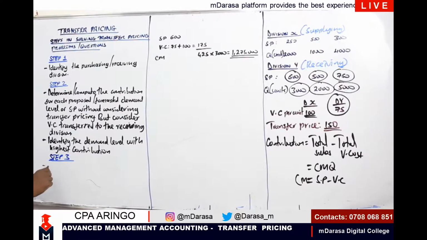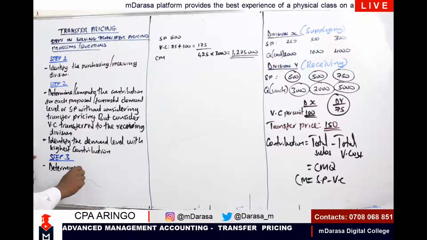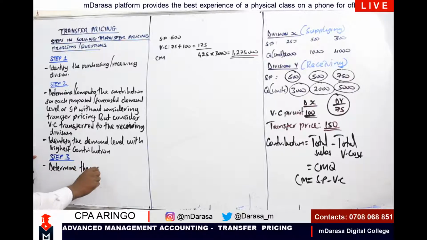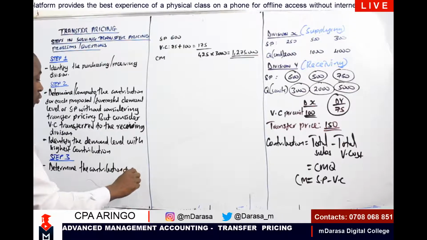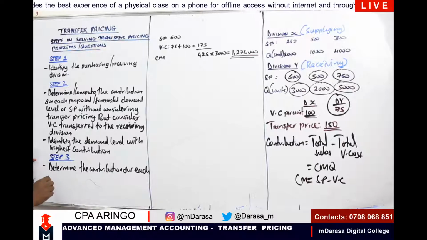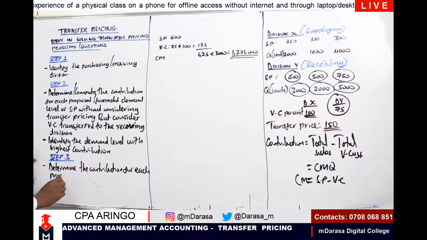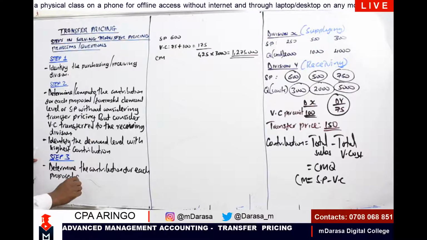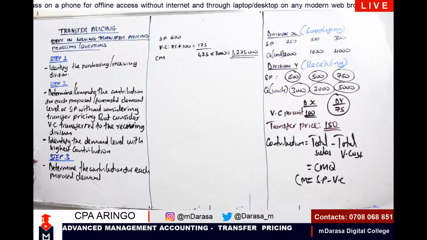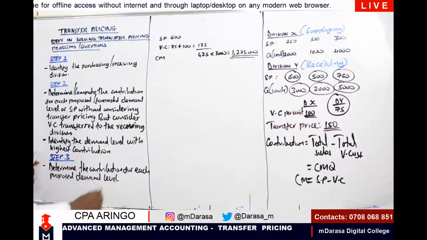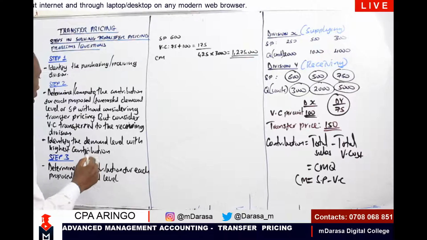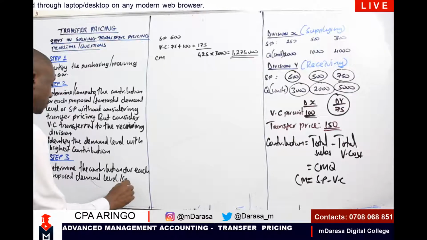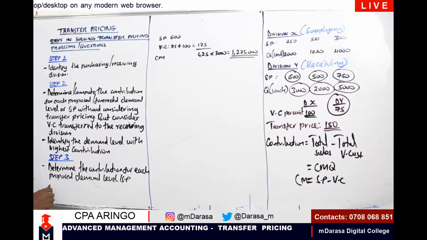Step number 3: determine the contribution for each proposed or forecasted demand level, or selling price, with transfer pricing into consideration.